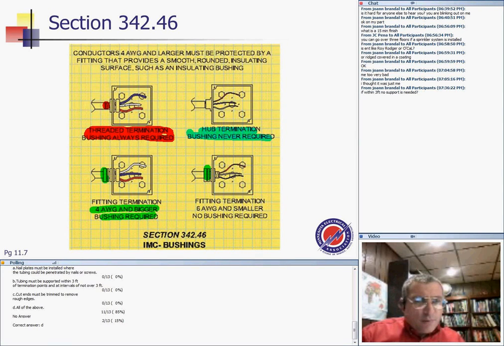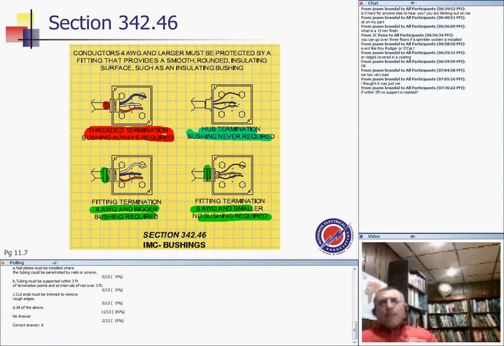If it's less than number 4, no protection is needed. And this, guys, for the most part, applies to all metallic conduits. Any questions about this?